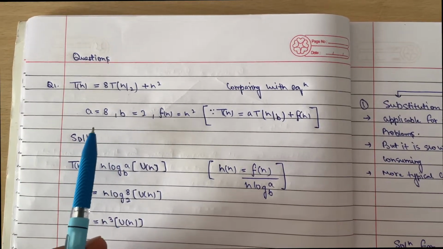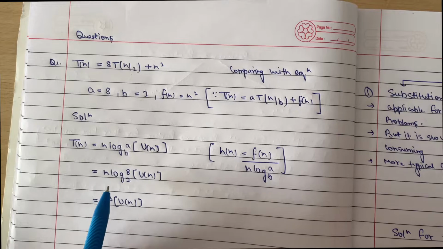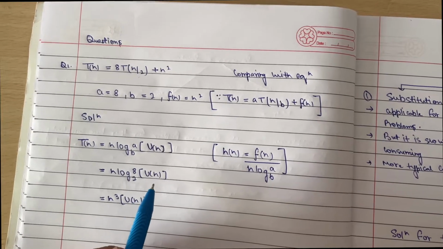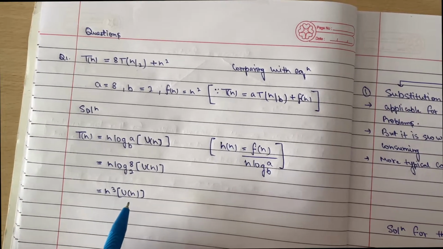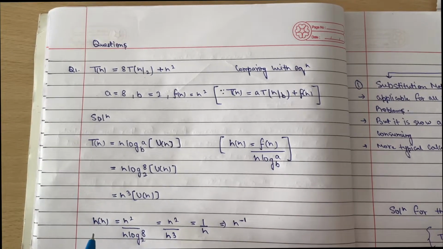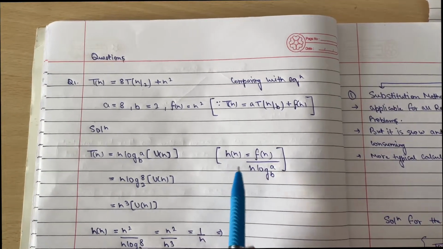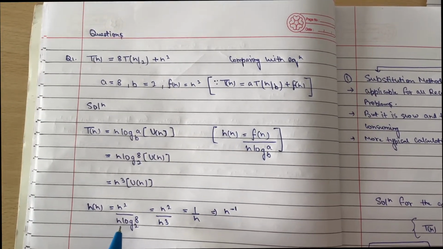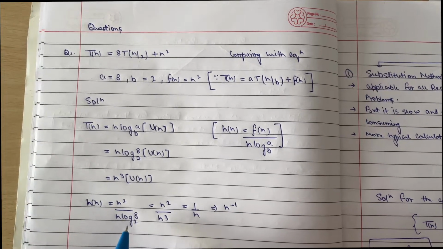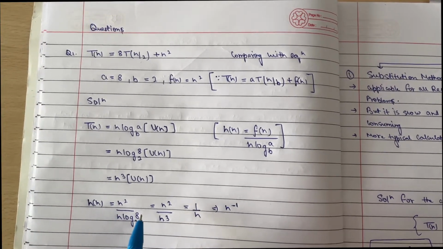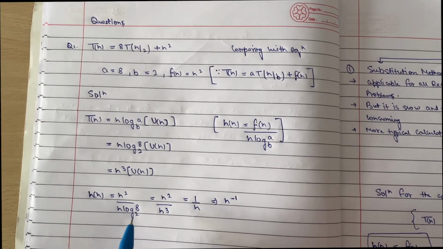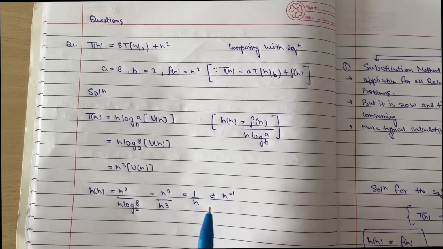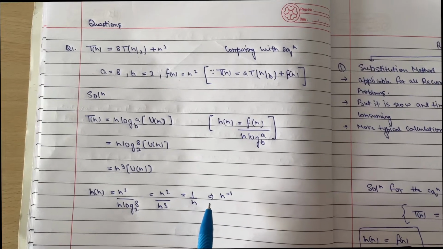After substituting a and b in our solution equation, we get n^(log_2 8) * U(n), that is n^3 * U(n). To find U(n), we first find H(n) = f(n) / n^(log_b a). Putting in the values, we get n^2 / n^(log_2 8) = n^2 / n^3 = 1/n = n^(-1).